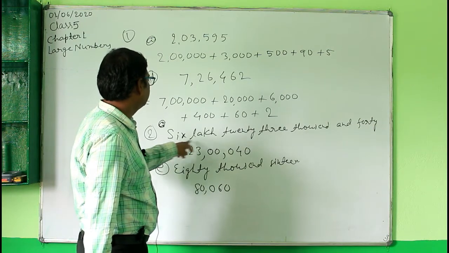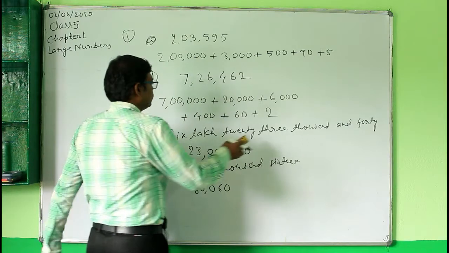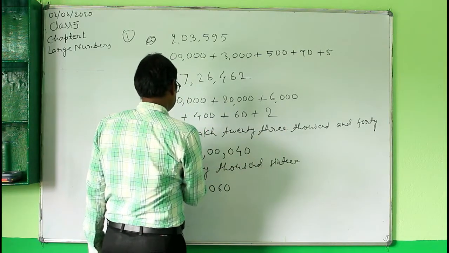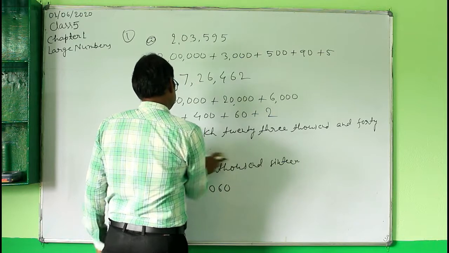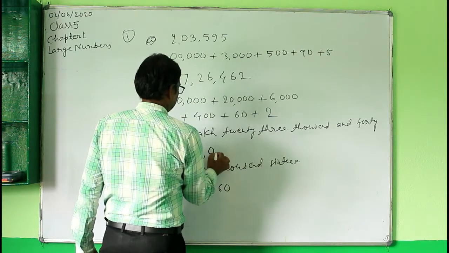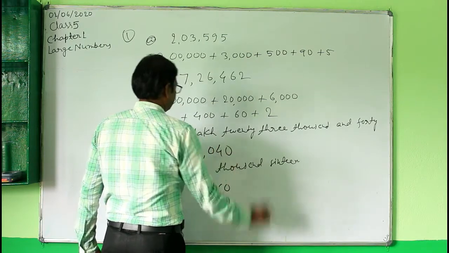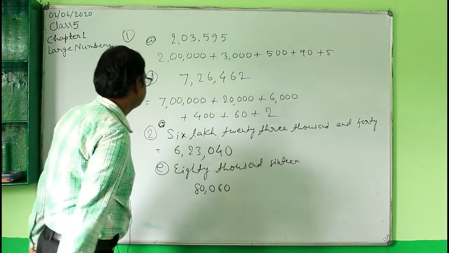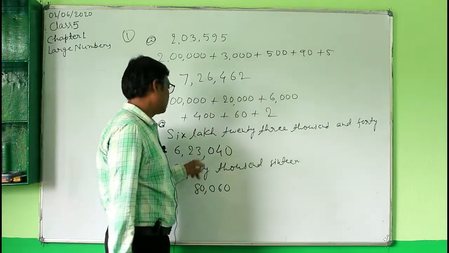And in this, the number I think is not correct. So 23,040, it will be this much only. So this is the answer in this case, 6,23,040.